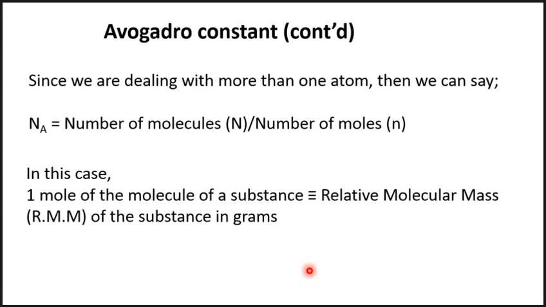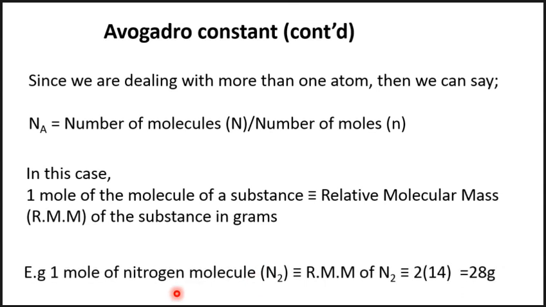So 1 mole of the molecule will make a relative molecular mass of the same substance in grams. A good example is this. If we have 1 mole of nitrogen molecule, it is capital N subscript 2.